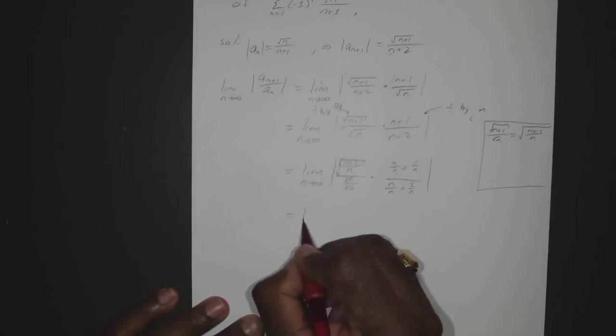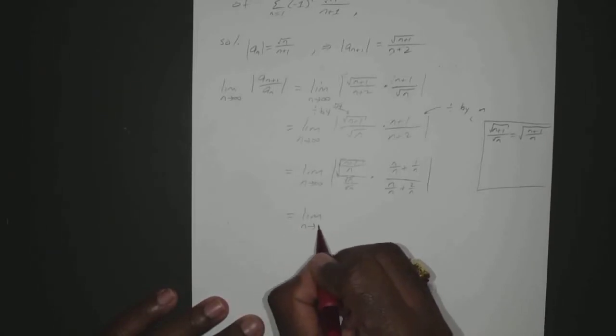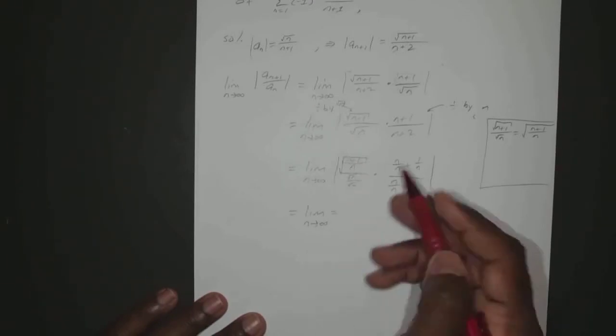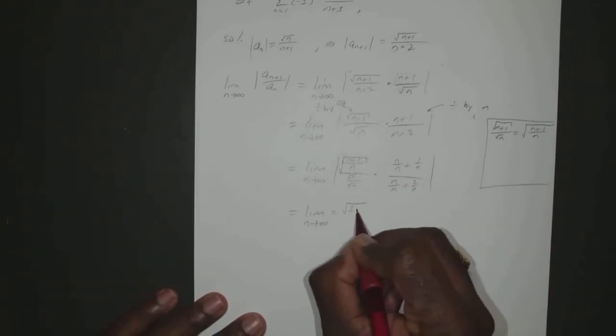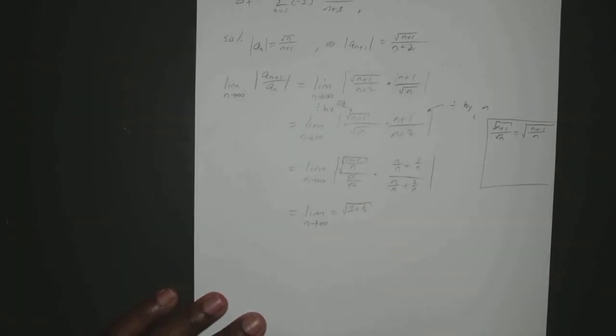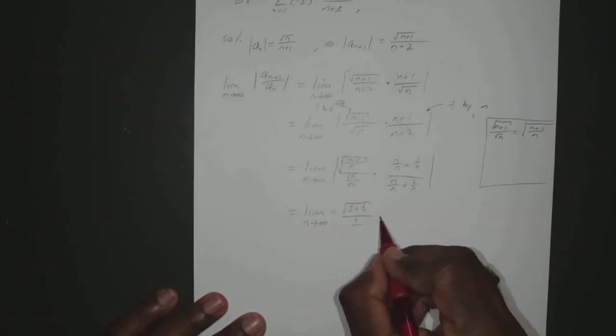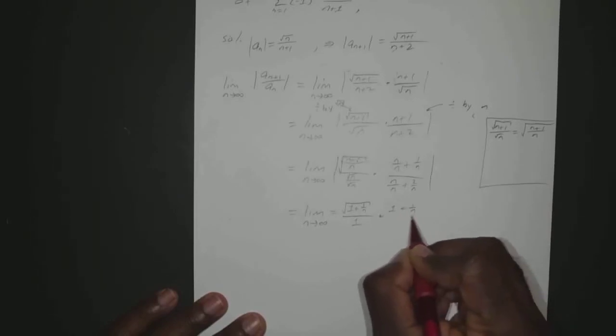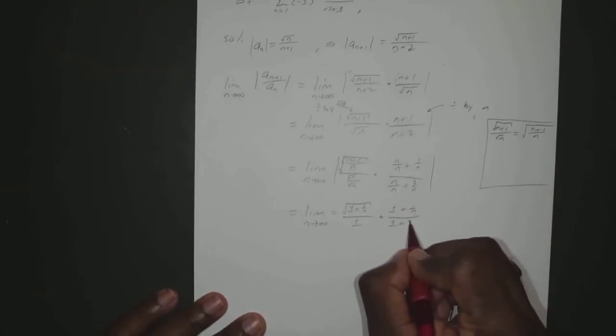Alright, so this is going to give us the limit as n approaches infinity of 1 times square root of 1 plus 1 over n, over 1 times 1 plus 1 over n, over 1 plus 2 over n.